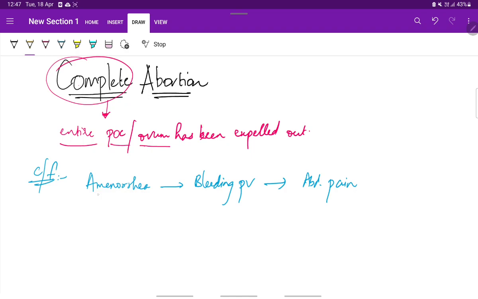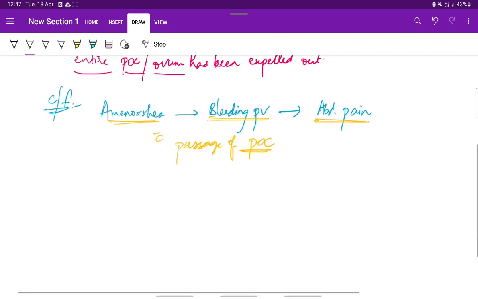So there will be a history of amenorrhea, abdominal pain and bleeding per vaginum with passage of products of conception. After these have been passed out, the pain and bleeding decrease. So these are the symptoms.